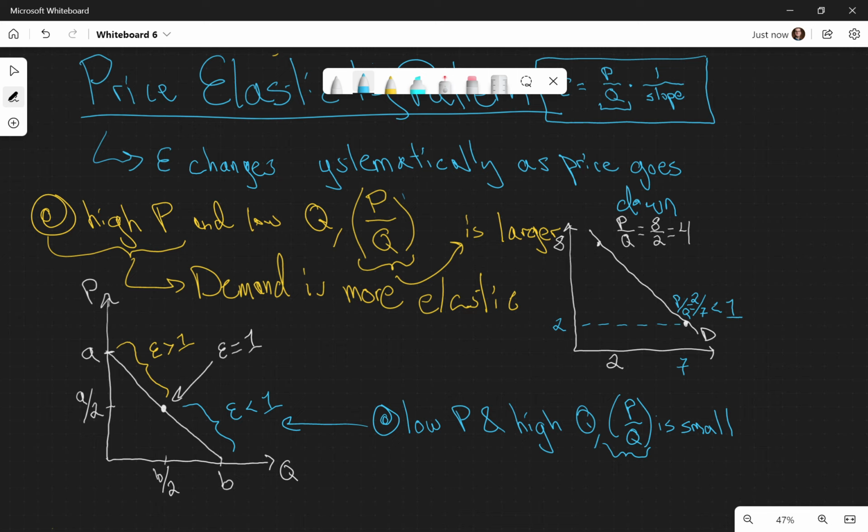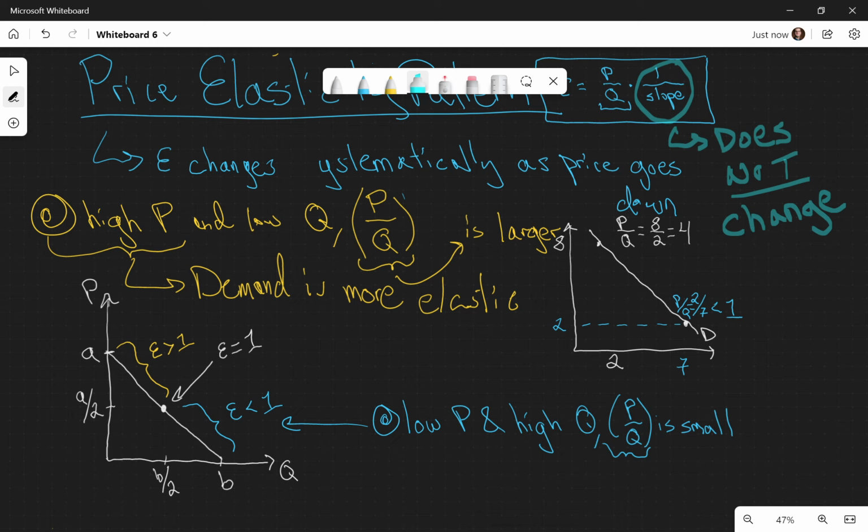Slope? Is it a curved line? Staying the same. Our slope stays the same. It doesn't change over the whole of the demand curve because it's a straight line.